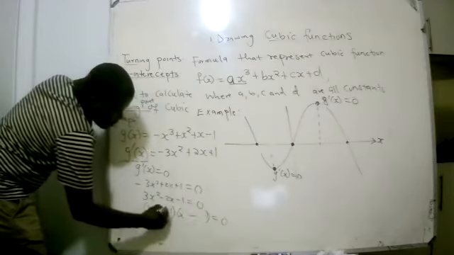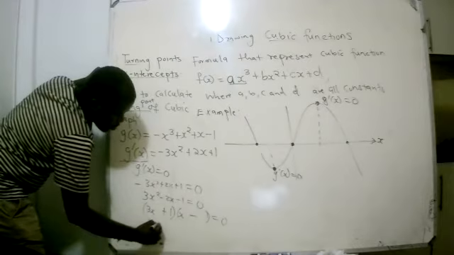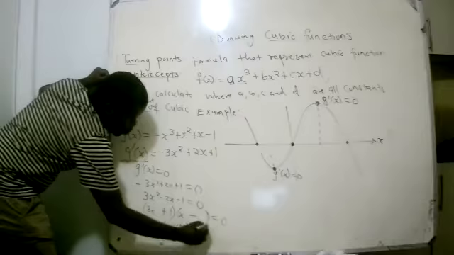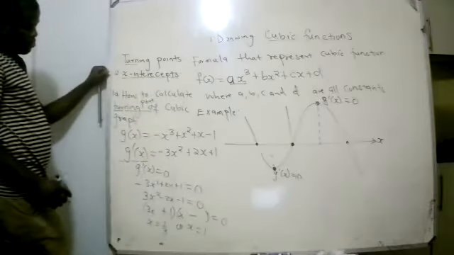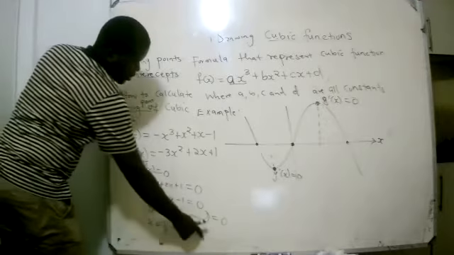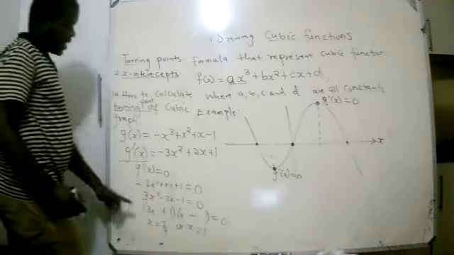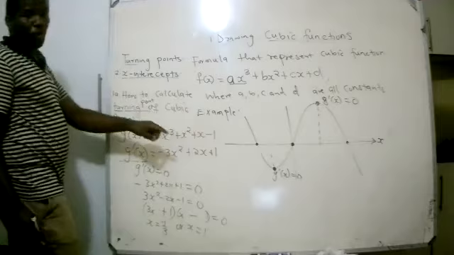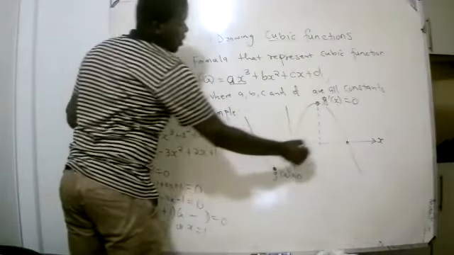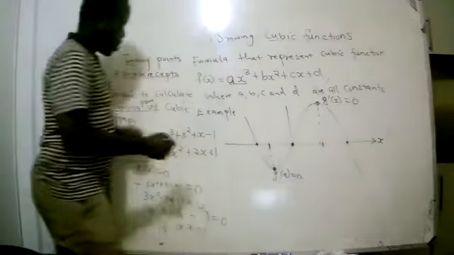So there we have negative, there we have positive. So it means we're going to have x equal to negative 1 over 3 or x equal to 1. So these are the x values at the turning points, the x value at this point and the x value at that point.